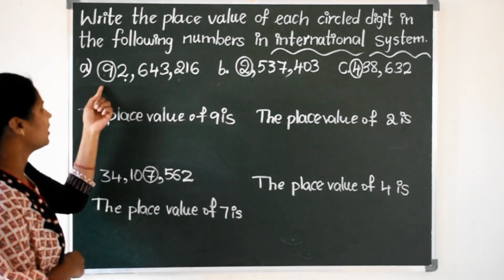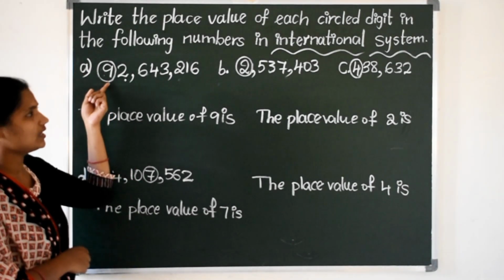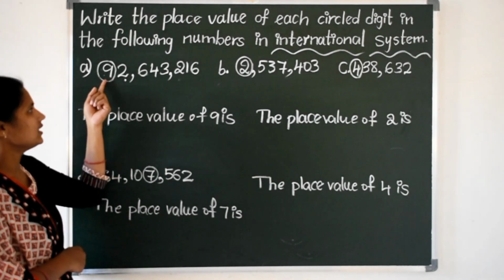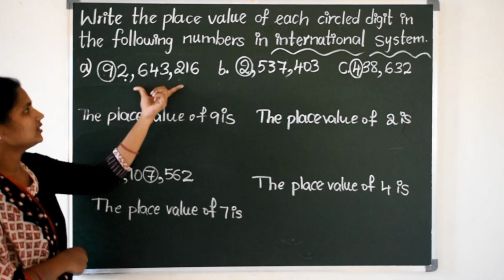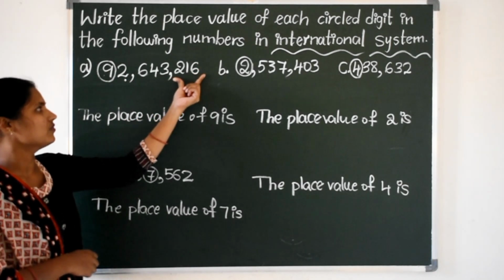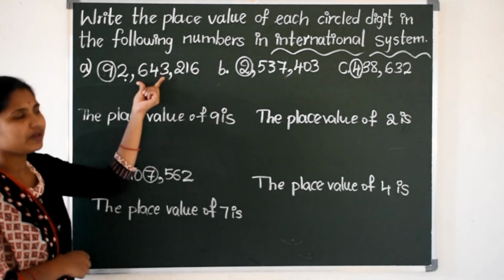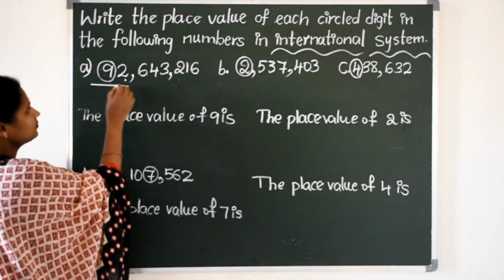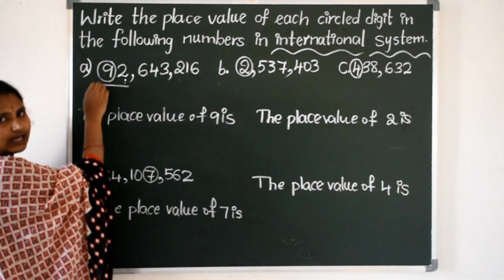Here we have up to 10 millions only. So here we have to find the place value of 9. 9 is in which place here? Here three periods are there: ones period, thousands period, and millions period.